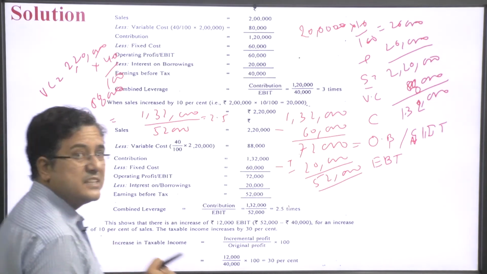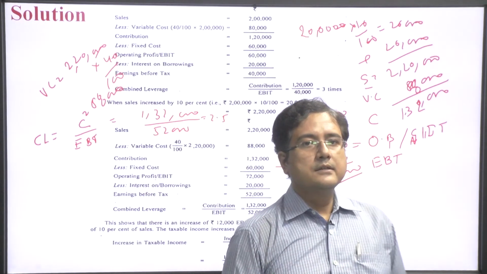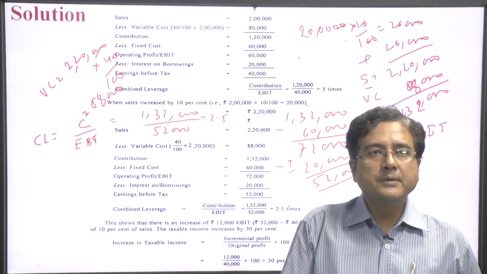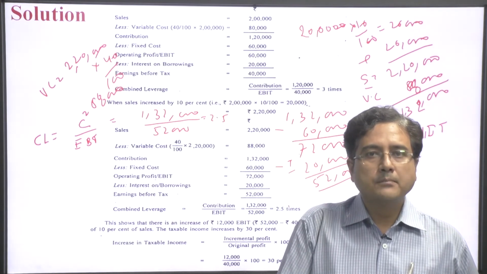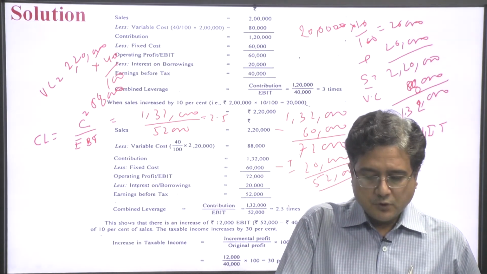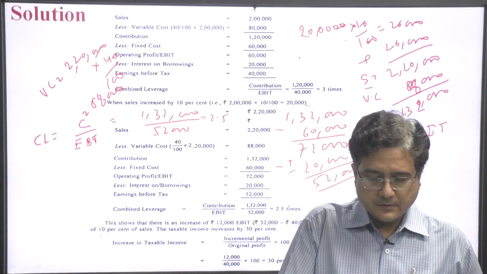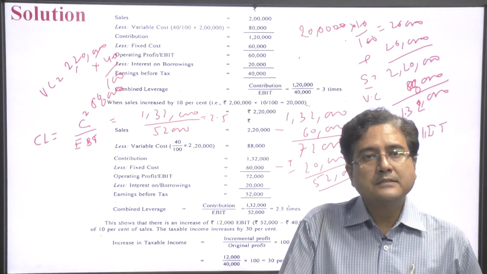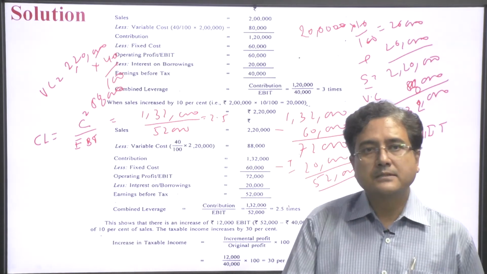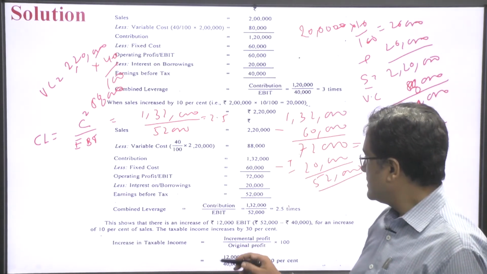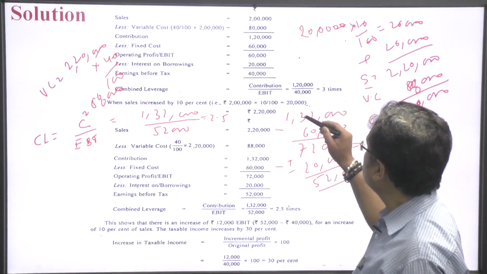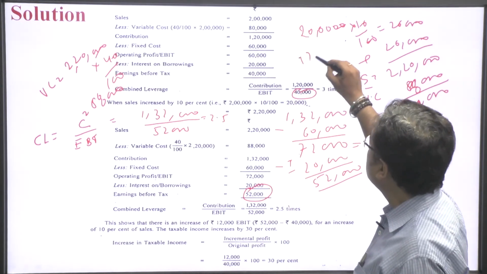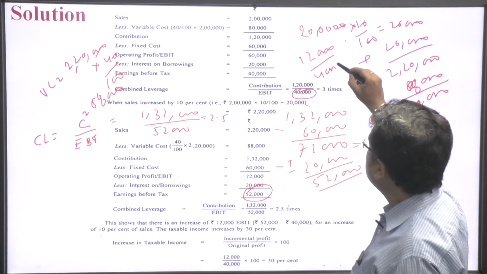This shows that if we increase the EBT by 12,000, taxable income will increase by 30%. The difference is 12 divided by 40 previous.